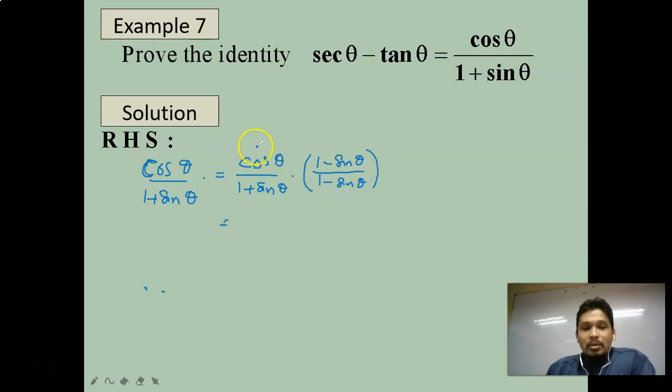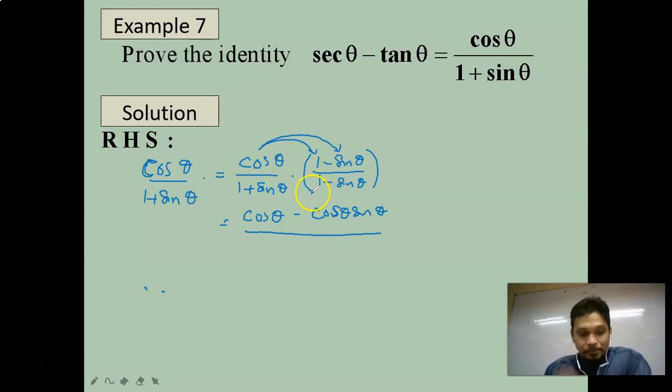So then, cos theta multiplied with 1 equal to cos theta. And cos theta multiplied with negative sine theta is minus cos theta sine theta. And everything divided by 1 times 1 equal to 1, and 1 times negative sine and positive sine cancel each other, and we have minus sine square theta.